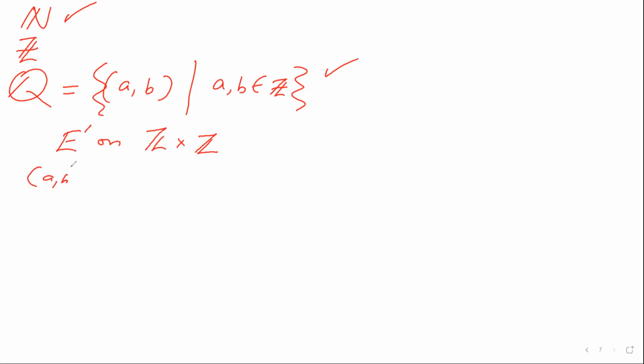A comma B, now these are from Z, E prime related to A prime, B prime, if and only if, at first it will look very long, but you will get used to this, A B prime equals A prime B, and B is not equal to 0 and B prime is not equal to 0.